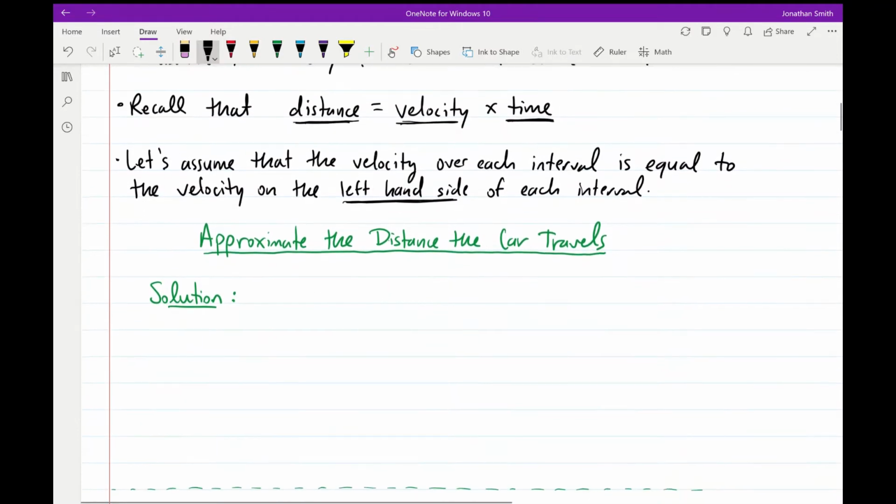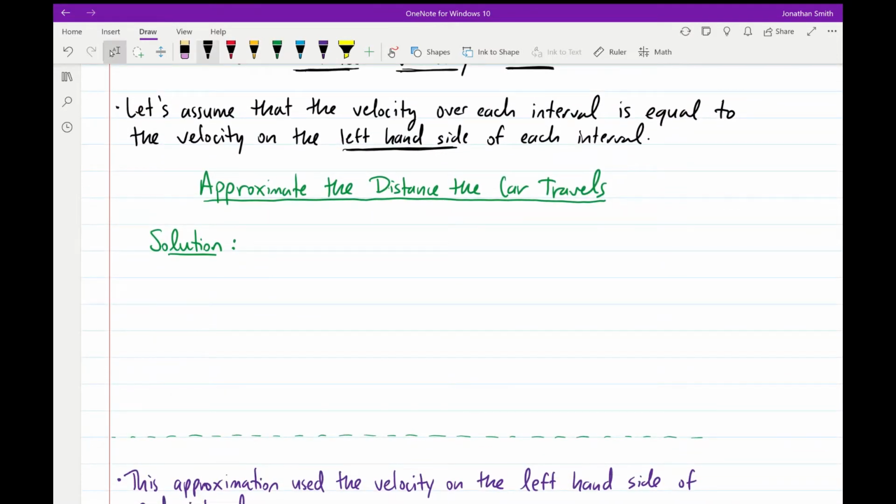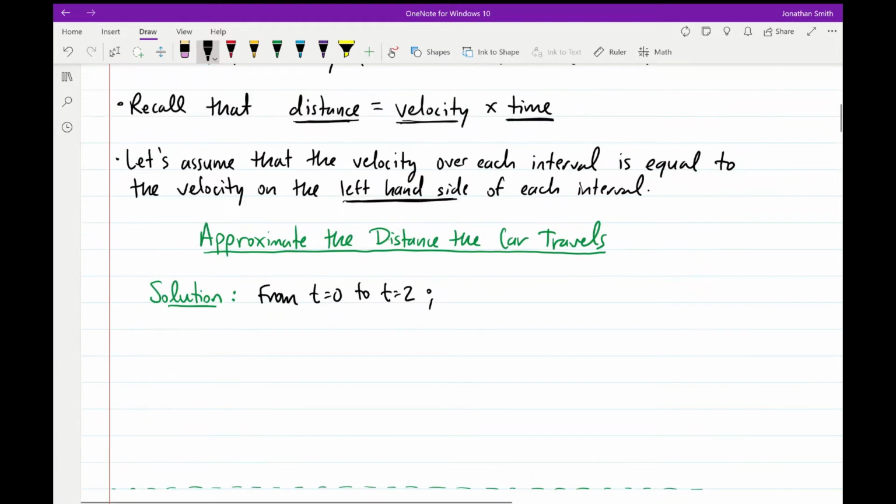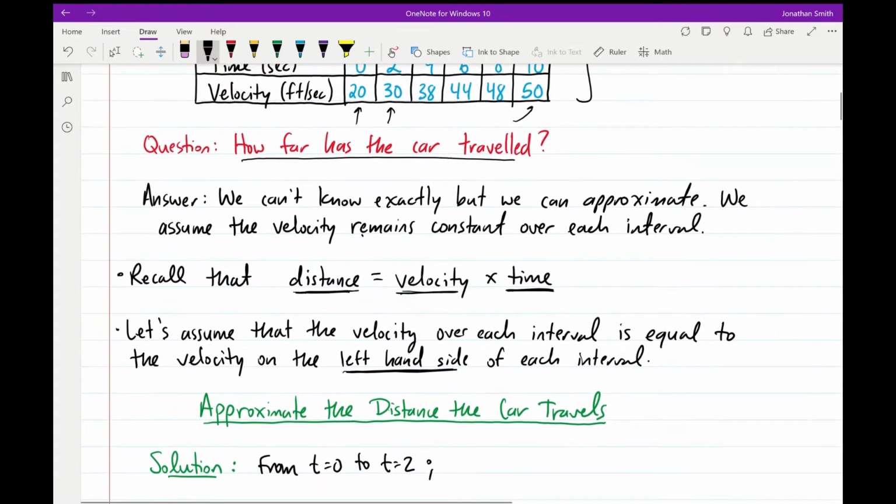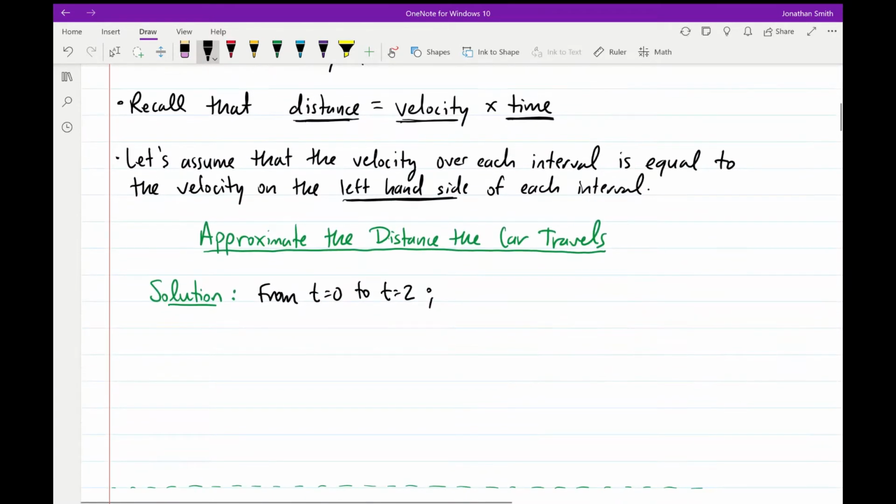Okay, let's see if we can approximate the distance that the car is traveling. Let's start with the distance it travels from time equals 0 to time equals 2. Here, we're assuming that the velocity is 20 feet per second, because that's the velocity at t equals 0.